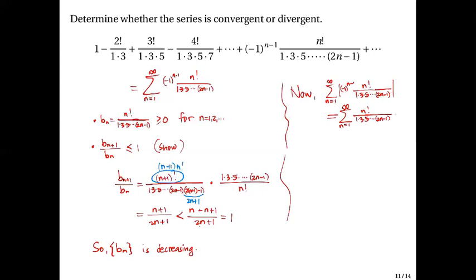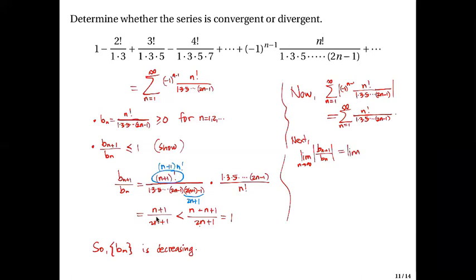Next, we want to find the limit of the absolute value of Bn plus 1 over Bn as n approaches infinity. I labeled that Bn, so I'm going to use Bn. But we already have simplified it to this expression.